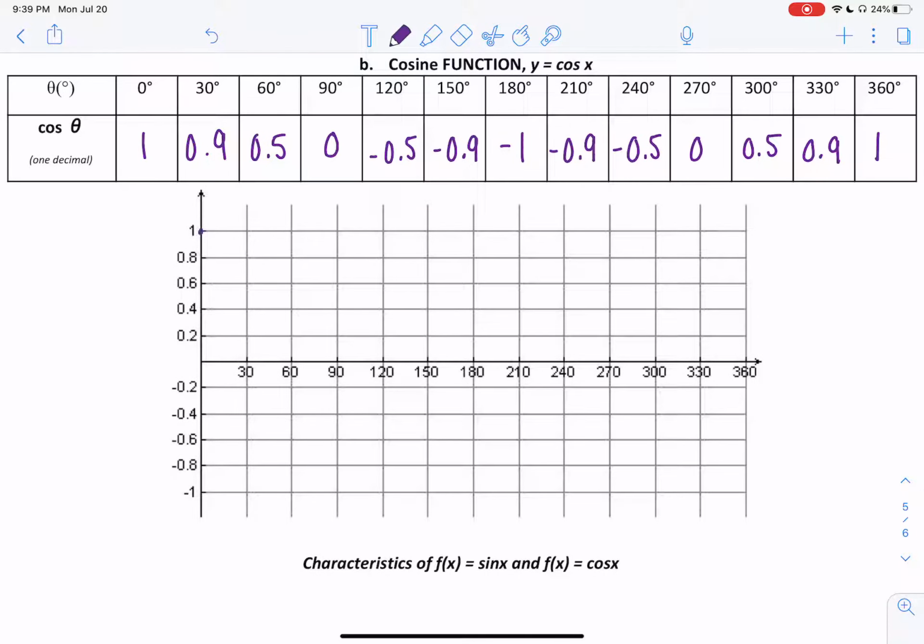We're going to start up here at 1. So our cosine curve is going to look like this. So that is the parent function of our cosine curve.